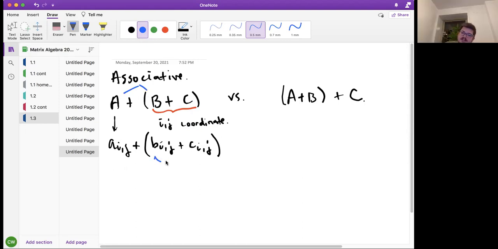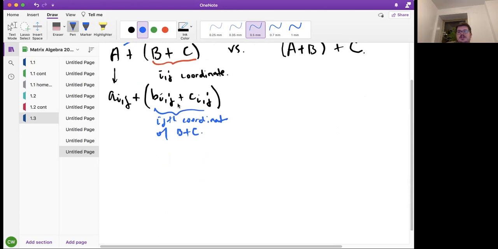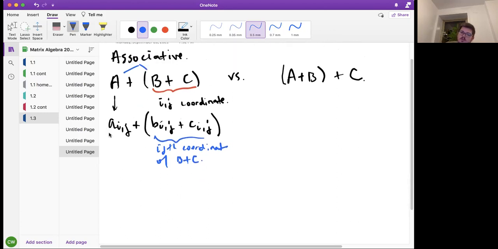This is the ijth coordinate of B plus C. Now in this expression here, what type of addition is it? These are just numbers, so we know that normal addition is associative.